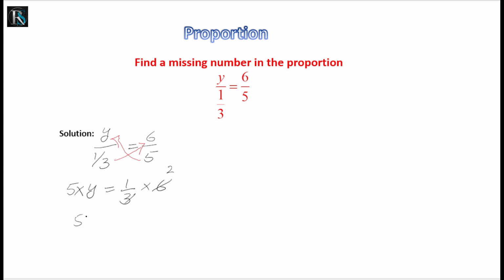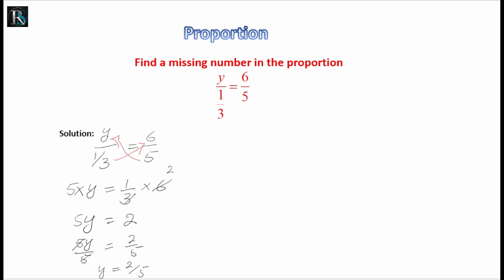So 5y is equal to 2. Now we are left with the equation, and we need to solve this equation for the variable y. We need to remove this 5, and for that we will divide throughout the equation by 5 and we will get y is equal to 2 upon 5.